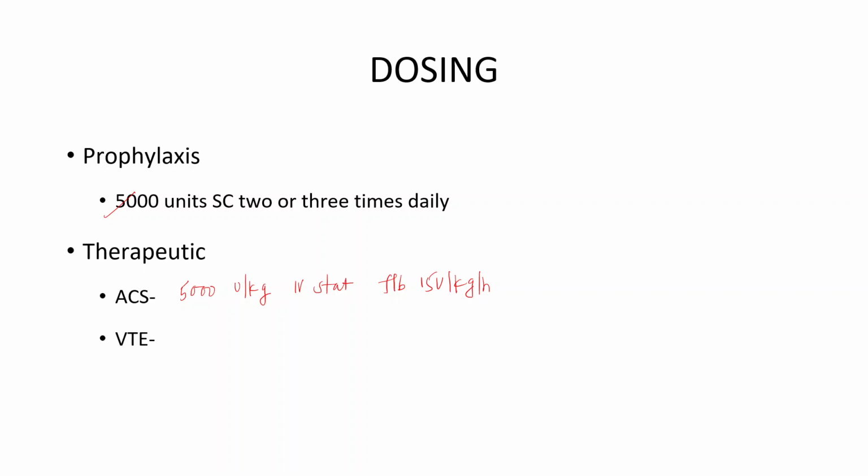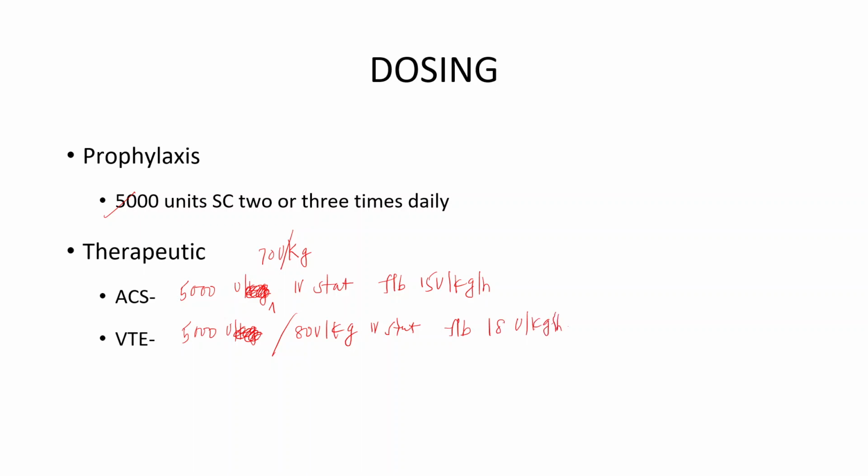For venous thromboembolism, it is again 5,000 units, or 70 units per kg IV start. In the second case, it is either 5,000 units or 80 units per kg IV start, followed by 18 units per kg per hour.